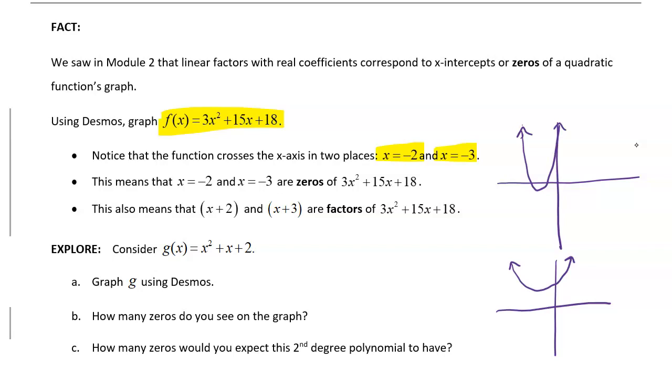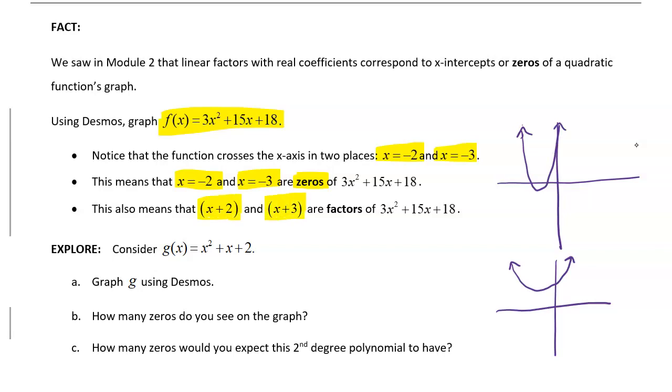And that means that we have zeros, okay, so x equals -2 is a 0, x equals -3 is a 0, and these x-intercepts are these zeros of the function.